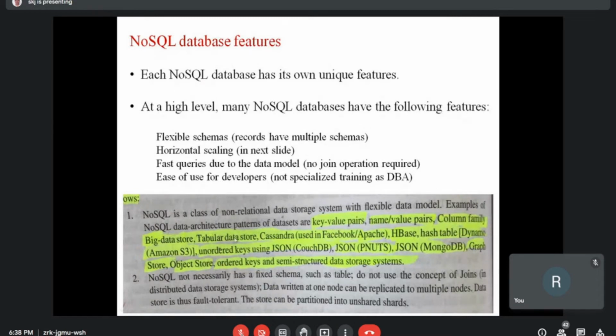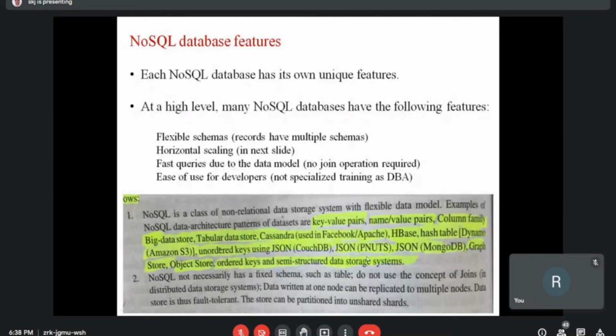Examples of NoSQL data architecture patterns of data sets are key-value pair, name-value pairs, column family, big data store, tabular data store, Cassandra used in Facebook, Apache HBase, hash table, DynamoDB, Amazon S3, unordered key using JSON, JSON MongoDB, graph store, object store, ordered key and semi-structured data storage system.